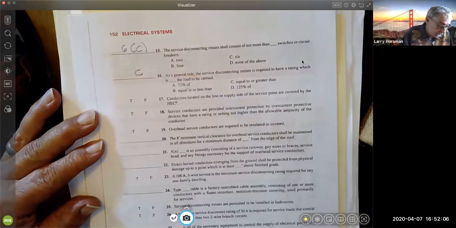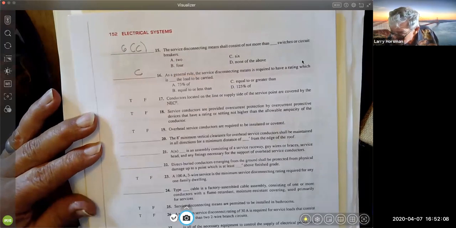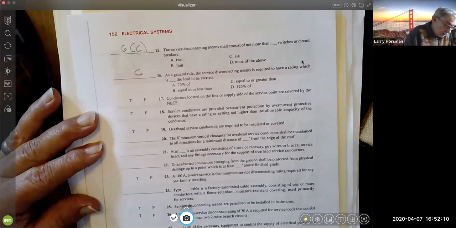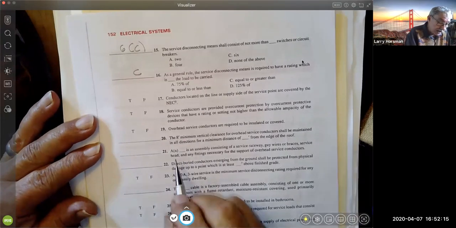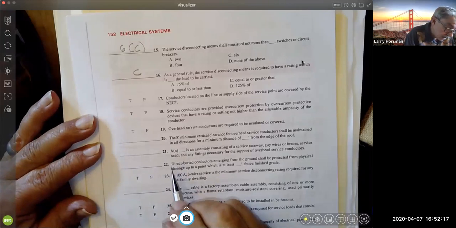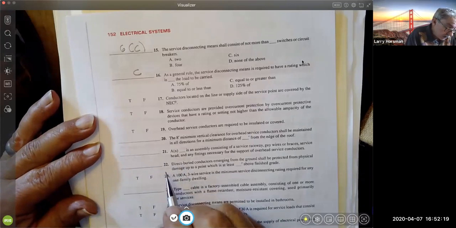17, 18, and 19 are true and false. We'll start with 17. Conductors located on the line or supply side of the service point are covered by the National Electric Code.